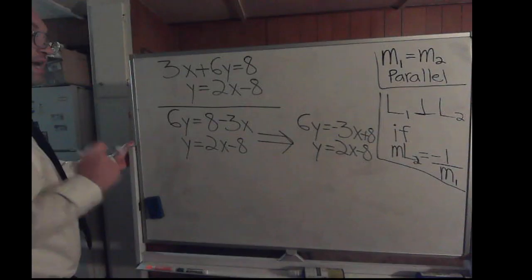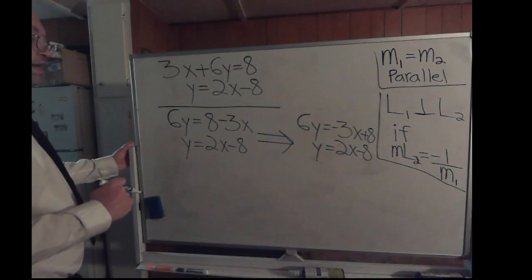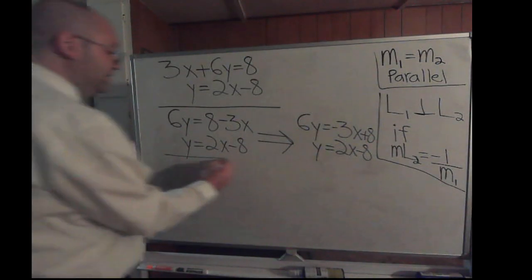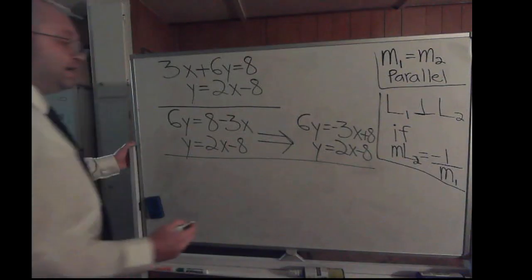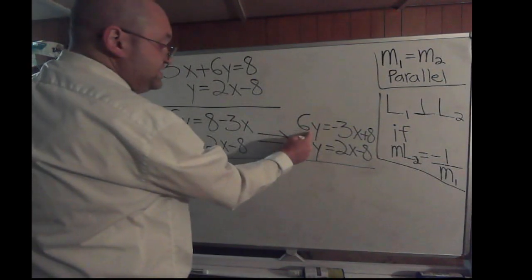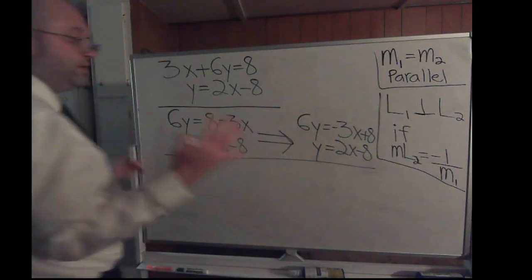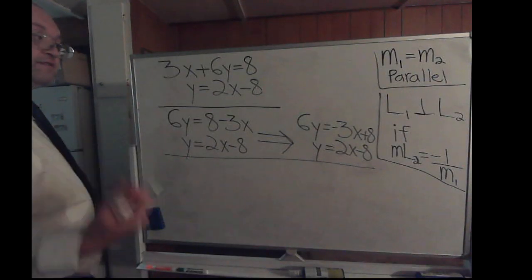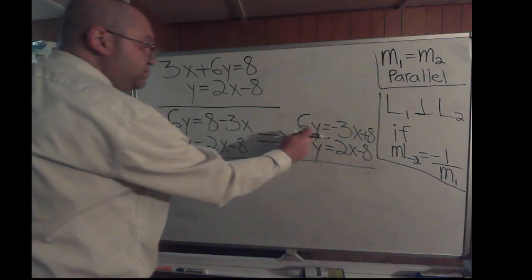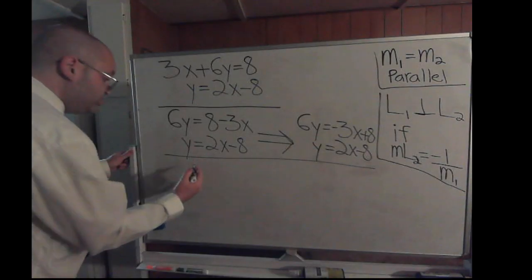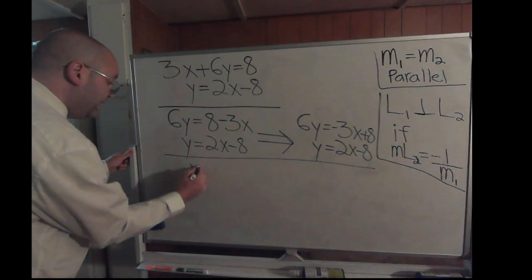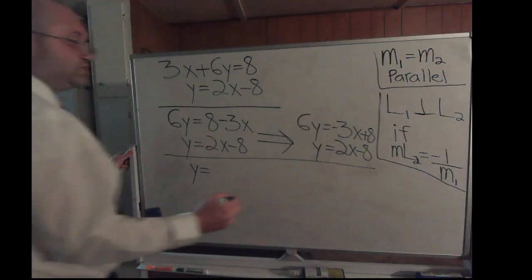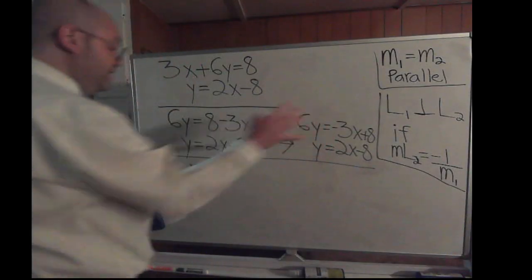Alright, now, ideally, we would like to get the y by itself. We have 6y for the first equation, so we got to divide by 6. You divide 6y by 6 in the first equation, you get y. You'll have y is equal to, but you got to do it to the right side too.